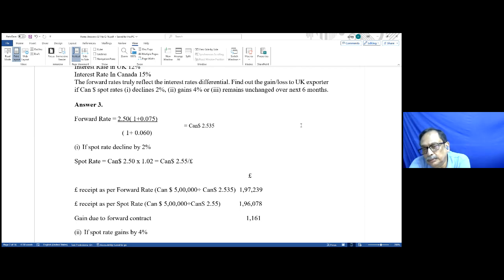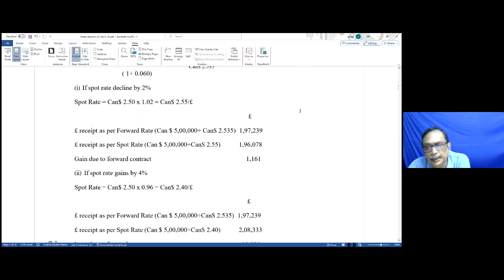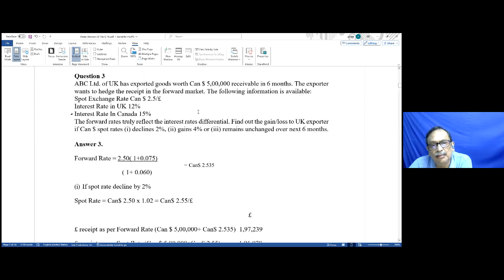Then it comes to 1,96,078, and accordingly, gain due to forward contract will be 1,161. Okay, so I think you have understood.